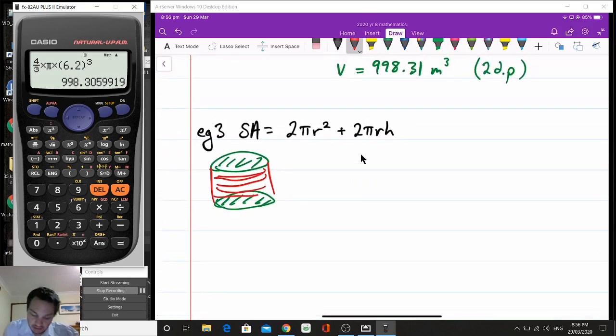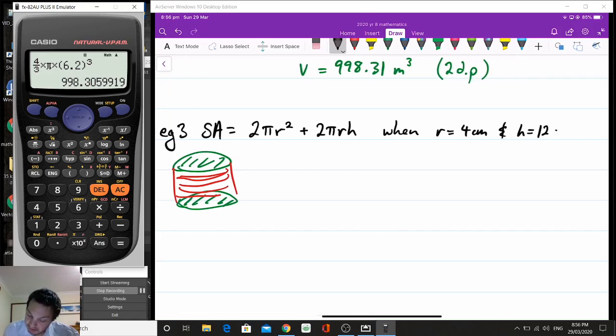And let's say, what is the surface area all the way around that cylinder when r is, say, 4 centimeters and h, the height of the cylinder, is, say, maybe 12 centimeters.